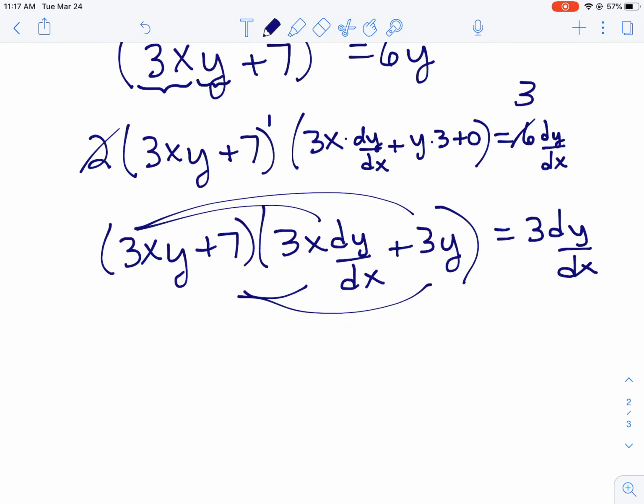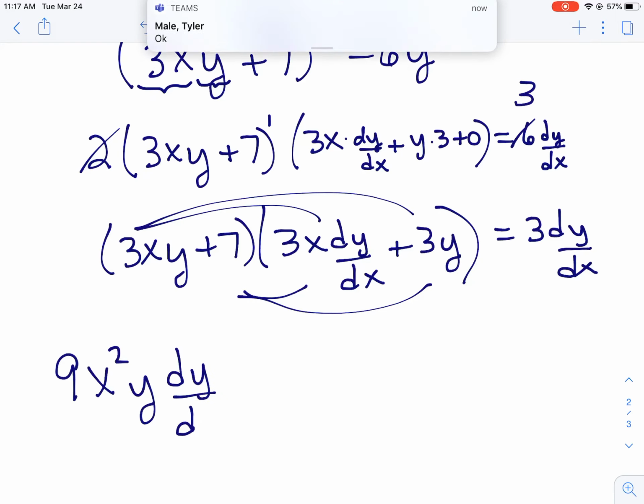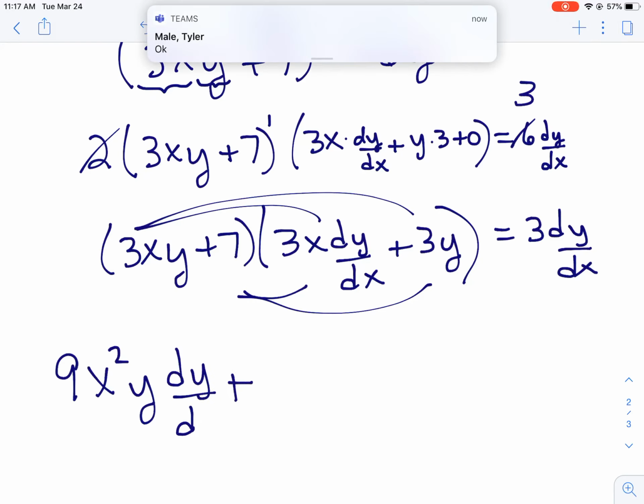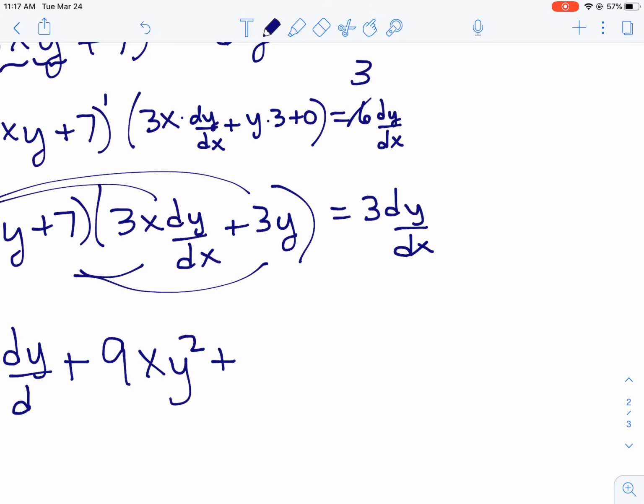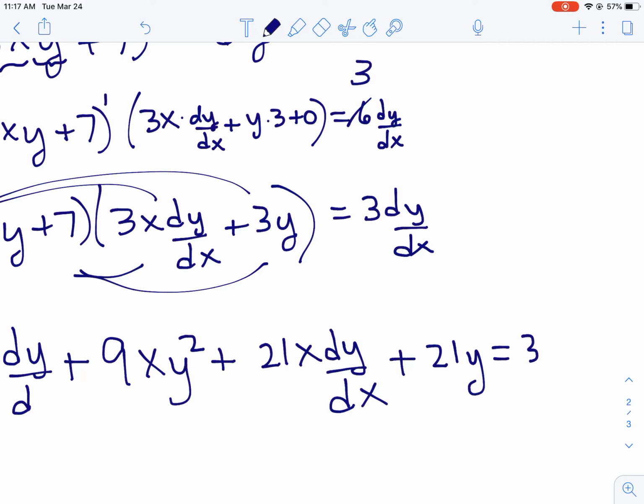I have 3xy times 3x dy dx makes 9x squared y dy dx, plus 3xy times 3y makes 9xy squared, plus 7 times 3x dy dx makes 21x dy dx, plus 7 times 3y makes 21y, equals 3 dy dx.